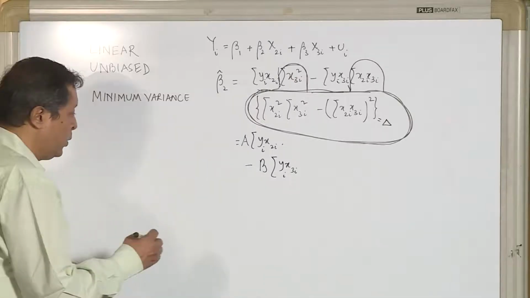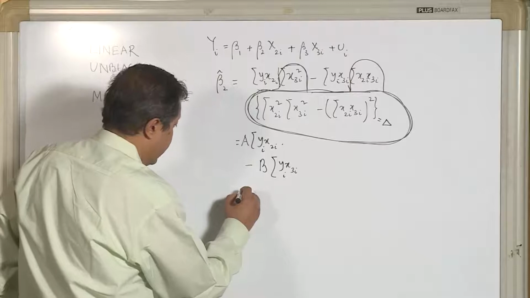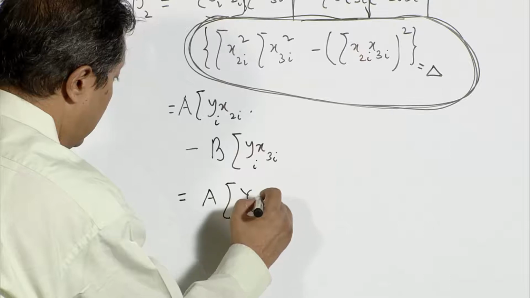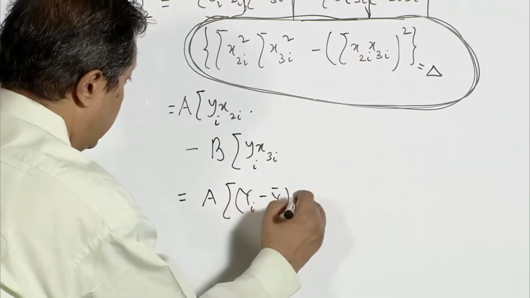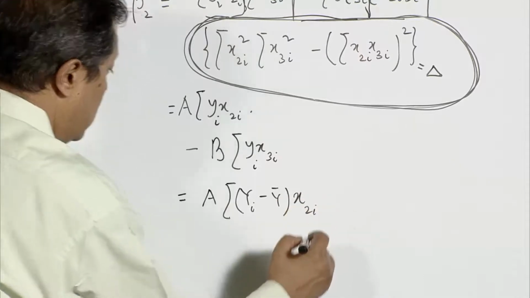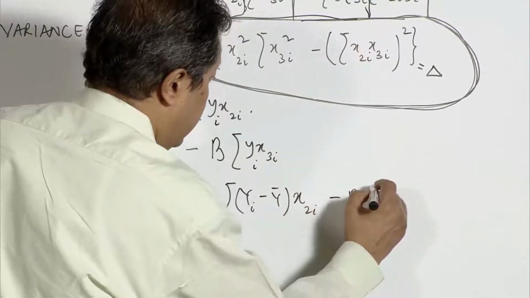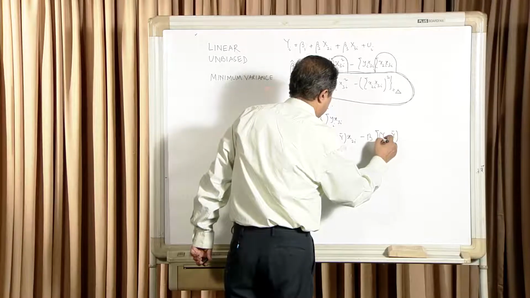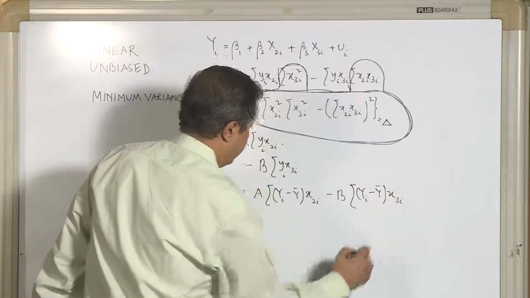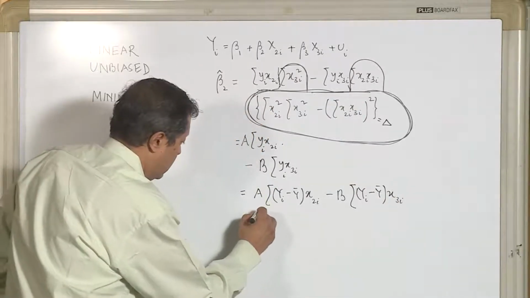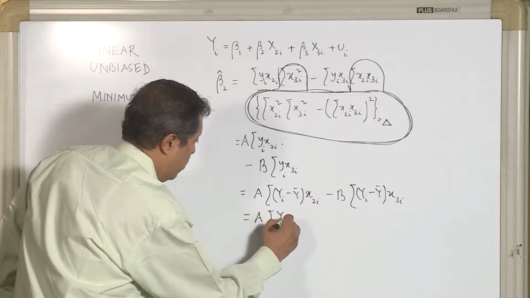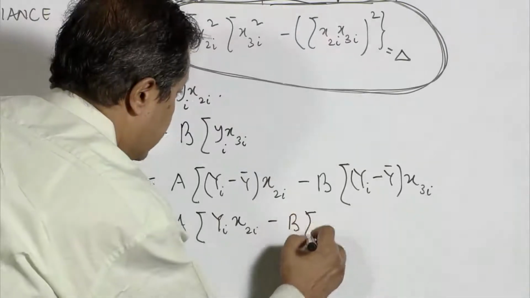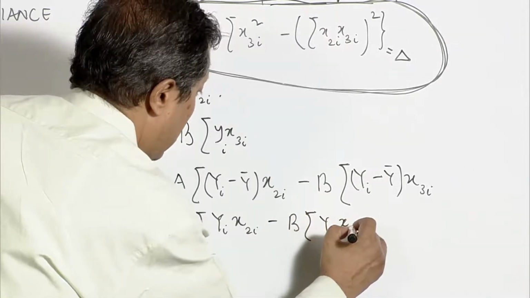If you want to go deeper into it, you can write this further as A summation capital Yi minus y bar times x2i, minus B summation capital Yi minus y bar times x3i, which boils down to A summation yi small x2i minus B summation yi small x3i.